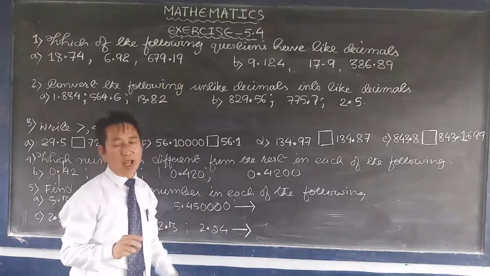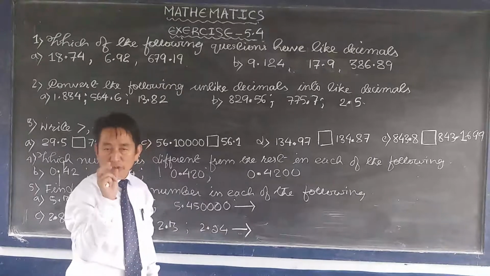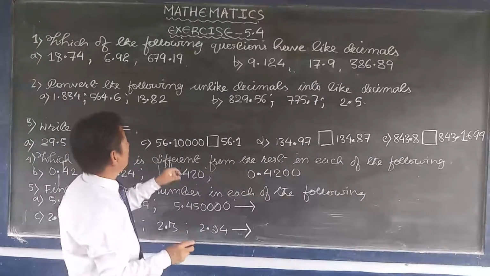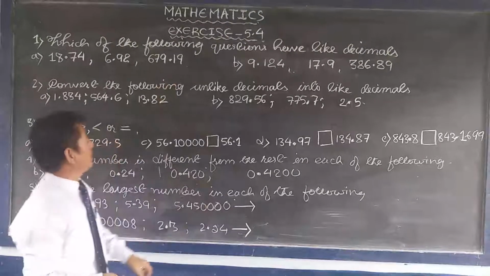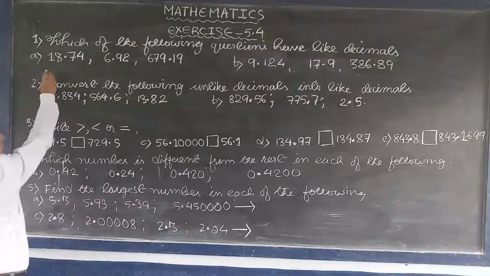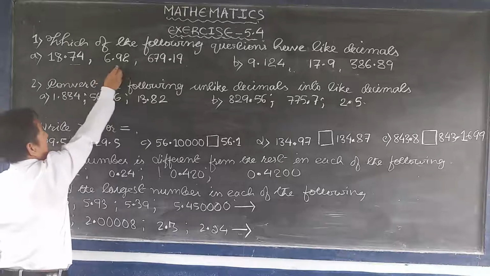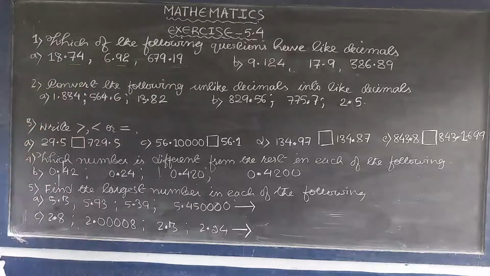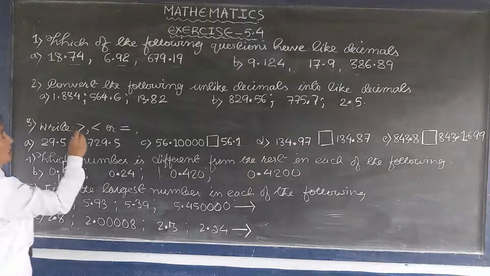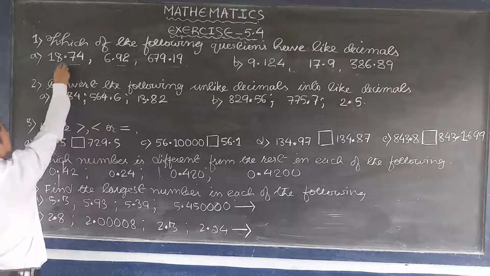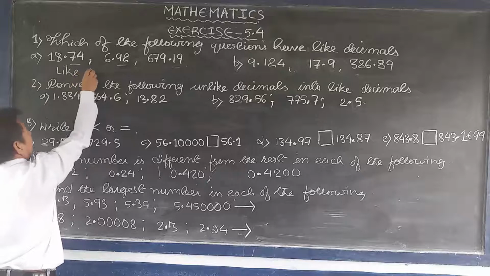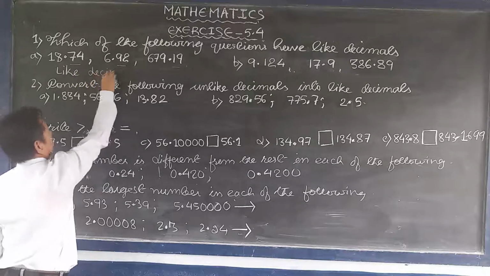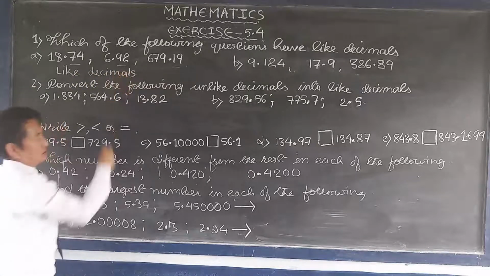This number also has 2 digits after the decimal point. That means they have the same number of digits after the decimal point. So these are like decimals. We'll simply write like decimals.